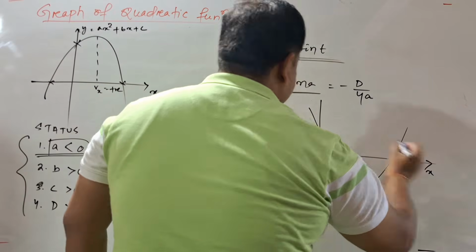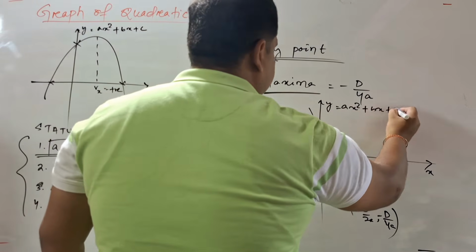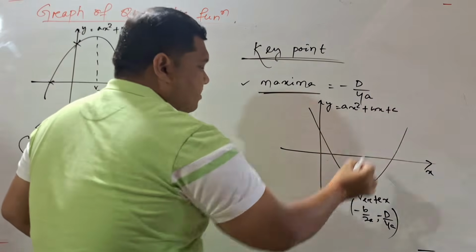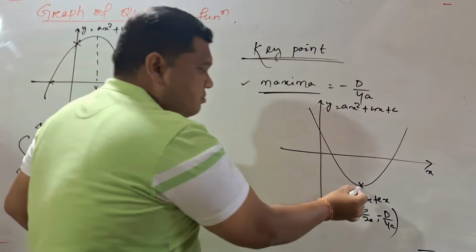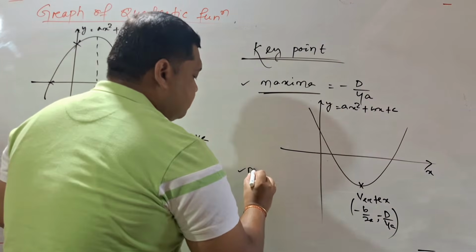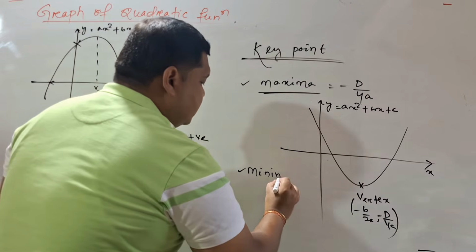This is the x-axis. This one is your y-axis. This is equal to a quadratic function. It's a parabola. Then, if you observe this graph, this point is what? The vertex. This is the minimum point. And this one is the minimum value. So here, for maxima and minima, both formulas are the same. For this diagram, you will get minima.